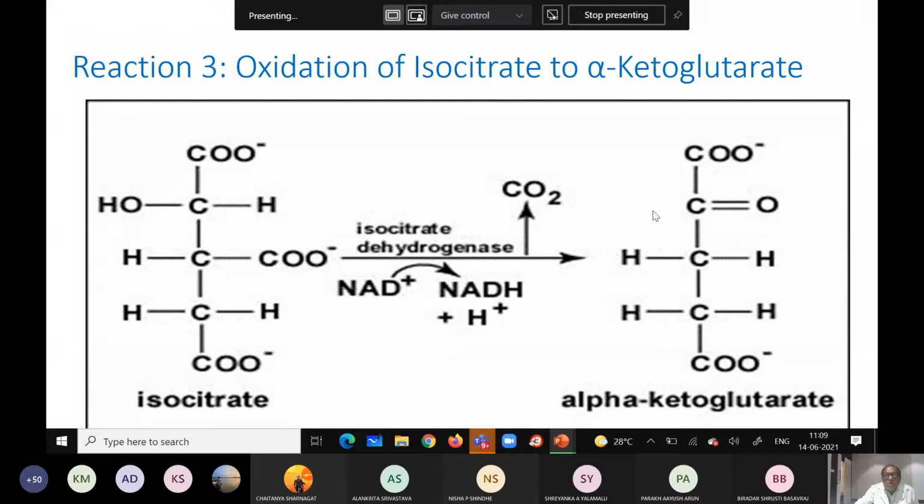In the presence of isocitrate dehydrogenase, isocitrate is converted into alpha ketoglutarate, and at the same time one NADH molecule is generated from NAD.